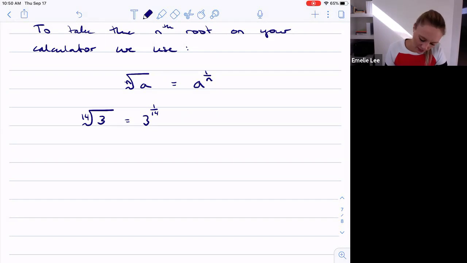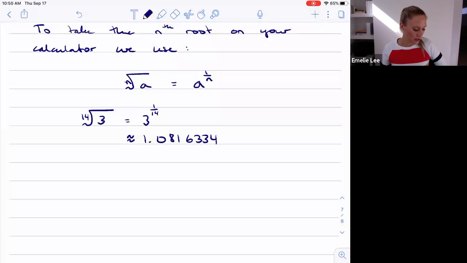But then what we get is approximately equal to, because I'm just doing a decimal here, 1.08163334. Okay. So that's kind of the trick of the trade for nth roots.